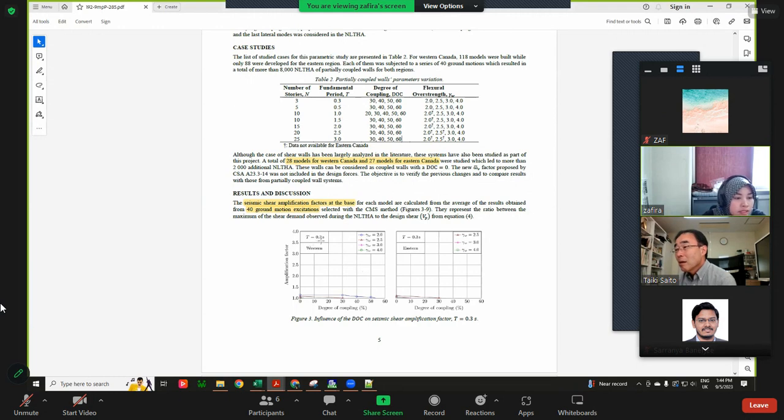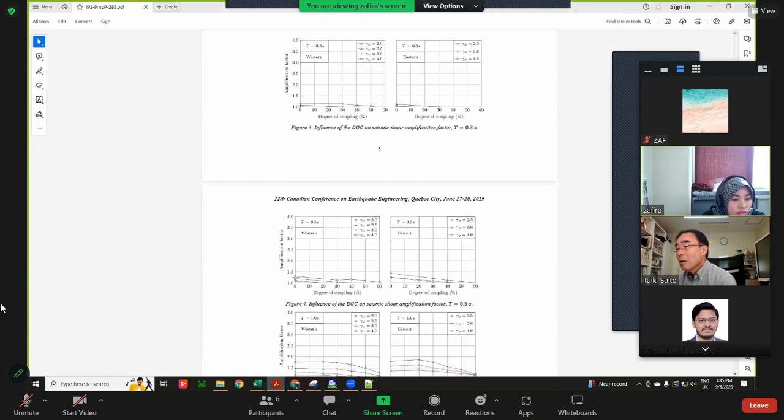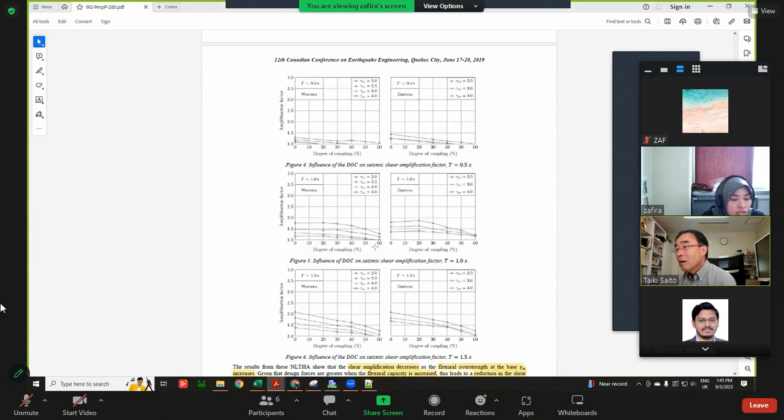For example, with 0.3 and 0.5 time periods, for very low-story buildings, the degree of coupling is only around 10 to 30, and doesn't reach 40 to 50%.